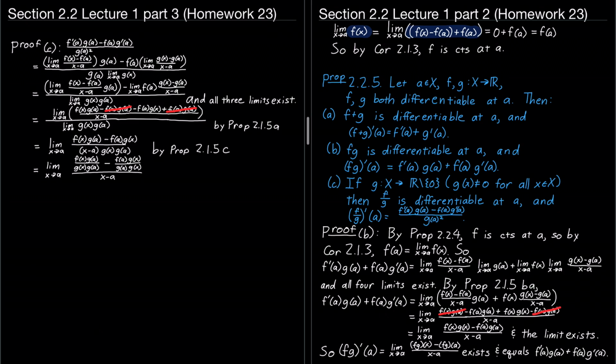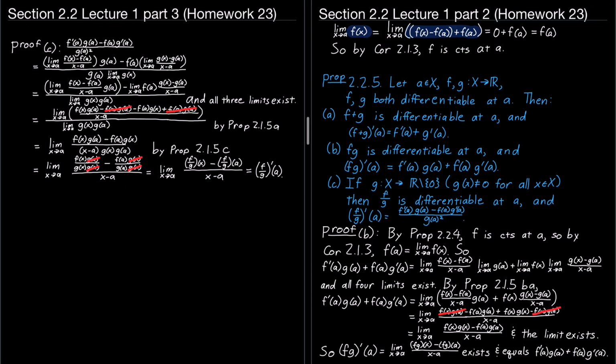And then we can cancel some powers of g here. We're left with the limit as x goes to a of f of x over g of x, which I'm going to write as f over g of x minus f over g of a, over x minus a. And that is exactly the derivative of f over g.